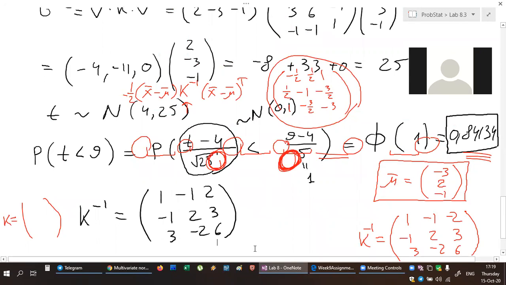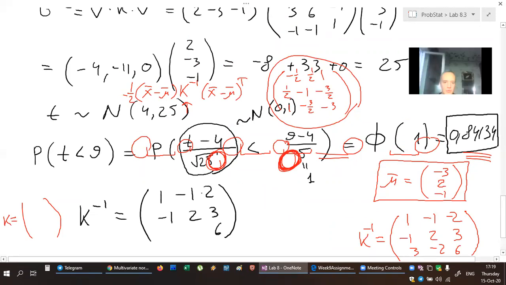In the first row, it should be, oh yes, 1, minus 1, minus 2. Minus 1, minus 2. And here minus 2, 3, right?